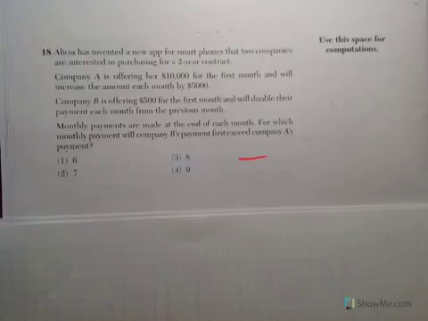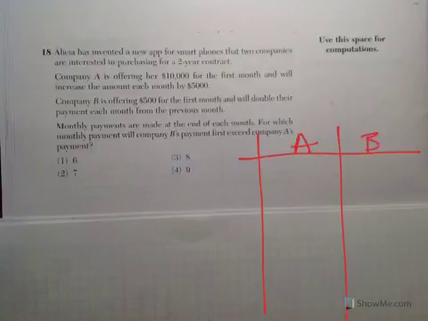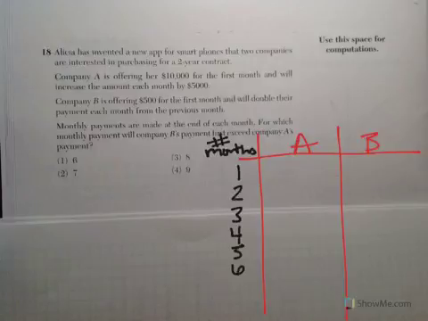Okay. Well, what I would do is I would make a chart to figure out when Company B will exceed Company A. And over here, I'm just going to have the number of months. Okay, and I'll go all the way down to 9 if I have to.